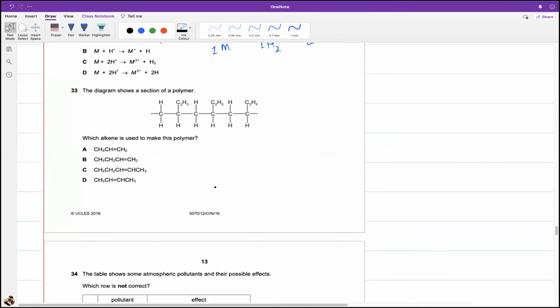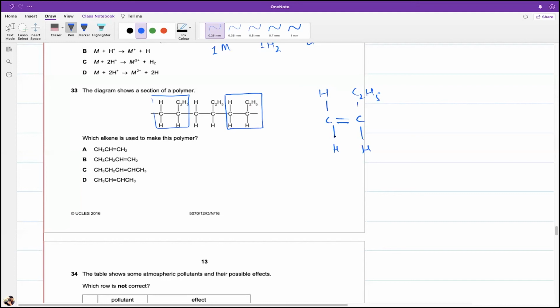The diagram shows a section of polymer. Which alkene is used to make this polymer? So you have to identify the repeating unit. You have 3 repeating units being shown. So there is this one. There is this one, and there's the one in middle. So just copy that one. वो क्या रहा है कि यहाँ पे ये है, यहाँ पे sorry, there is hydrogen here, there is C2H5 there, and then add a double bond in the middle.